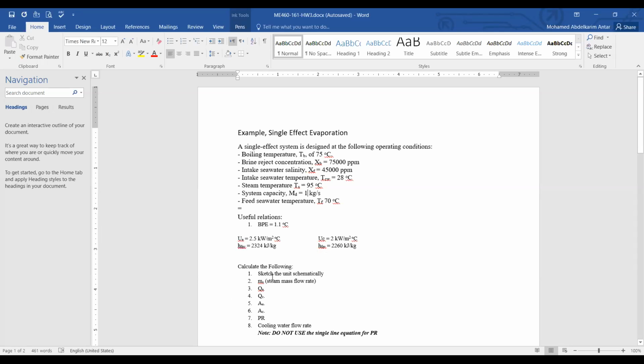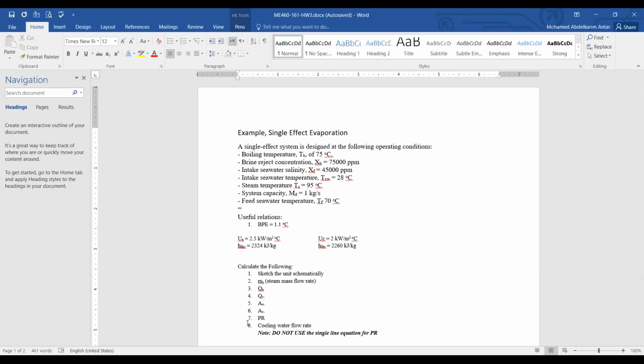Sketch the system, find the mass flow rate of the steam needed, what is the heat transfer rate in the evaporator, what is the heat transfer rate in the condenser, what is the surface area of the tube bundle in the evaporator, what is the surface area of the tube bundle in the condenser, what's the performance ratio for this unit, and what is the required cooling flow rate of the seawater to enter the condenser.